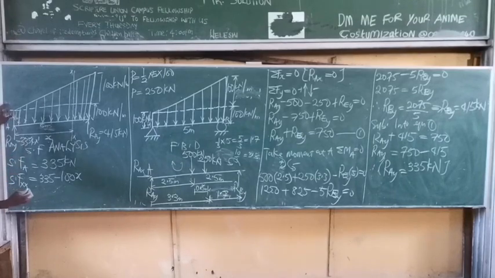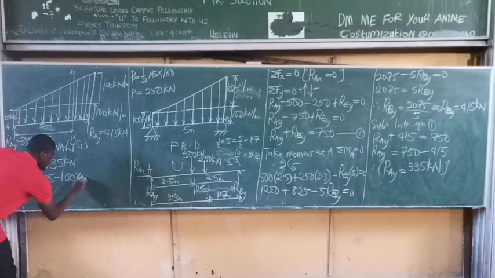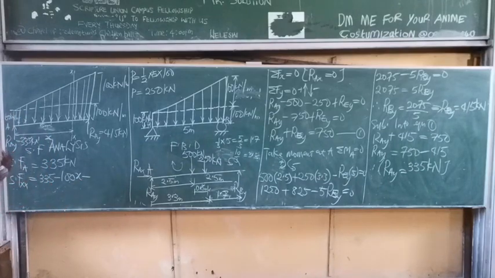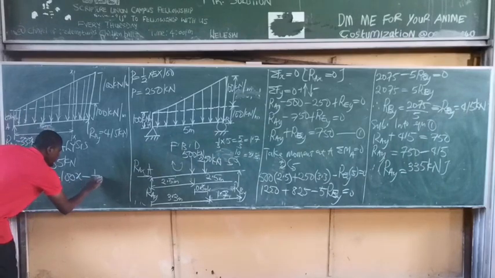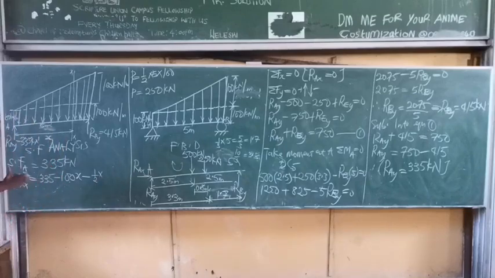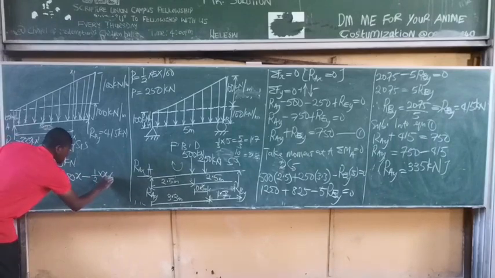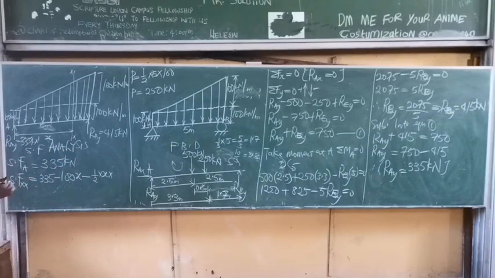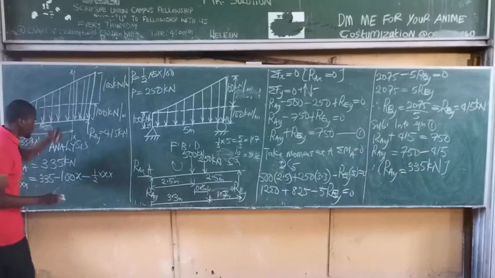Next, we consider the UVL, the uniformly varying load. To convert the UVL to a point load, we simply take the area of the shape. It's still going to be minus because the load is also acting downwards. It becomes half base times height. The base is the length covered by the UVL, which in this case is x. Height is the maximum load of the UVL, which remains 100.